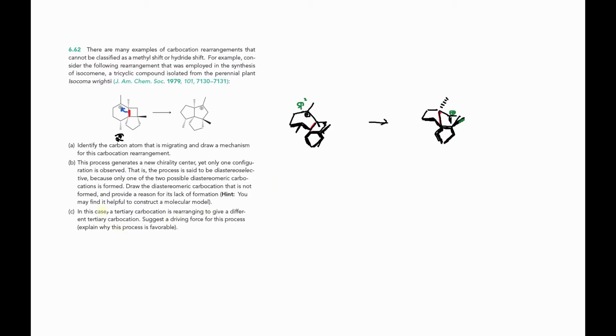Okay, and to answer our part C, in this case, a tertiary carbocation is rearranging to give a different tertiary carbocation. So what is the driving force for this process? Well, the main reason is you have a huge angle strain that arises from that square here. Remember that the square, the cyclobutane, really has this structure.